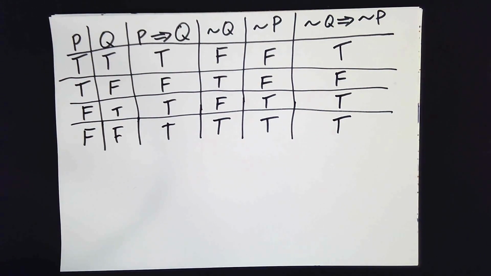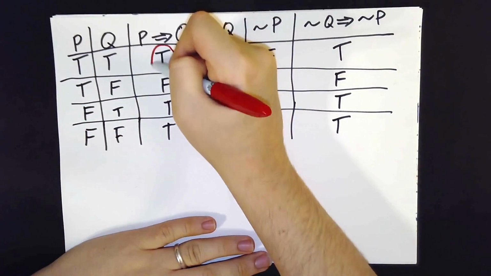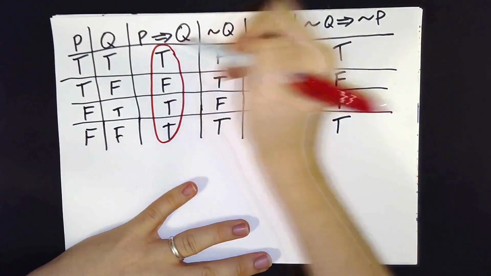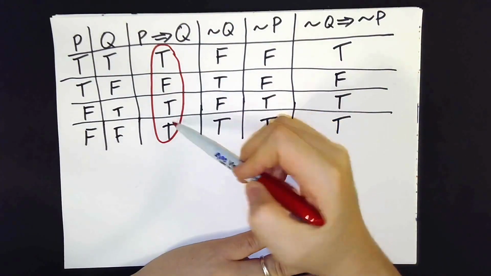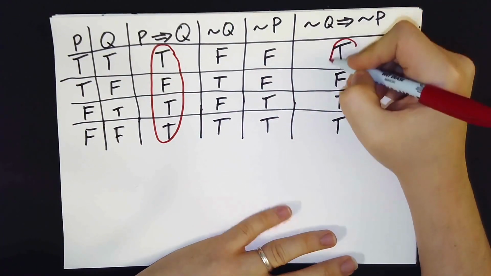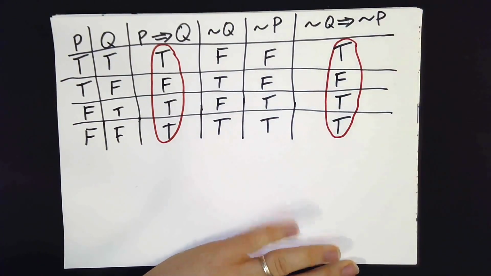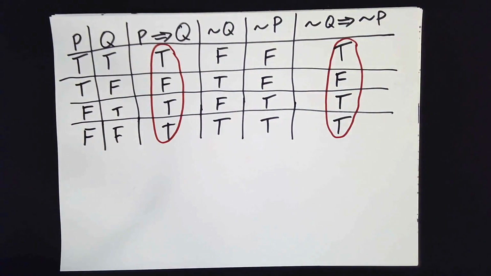Again, there's something important to notice here. And that thing that's important to notice is that this string, TFTT, is exactly the same as this string, TFTT. And what this means is that although the converse of an implication is different than the original implication, the contrapositive is not.